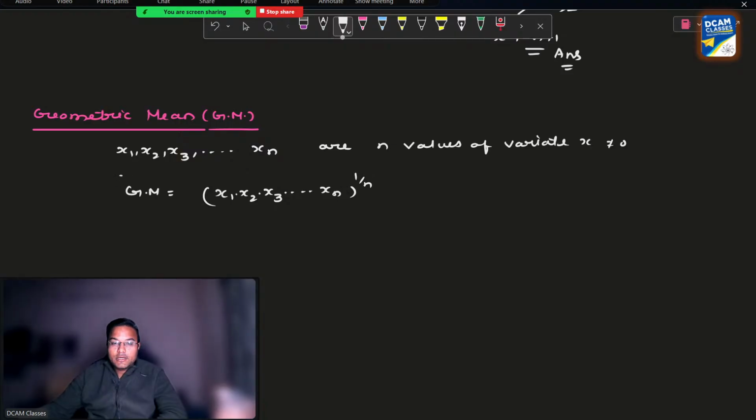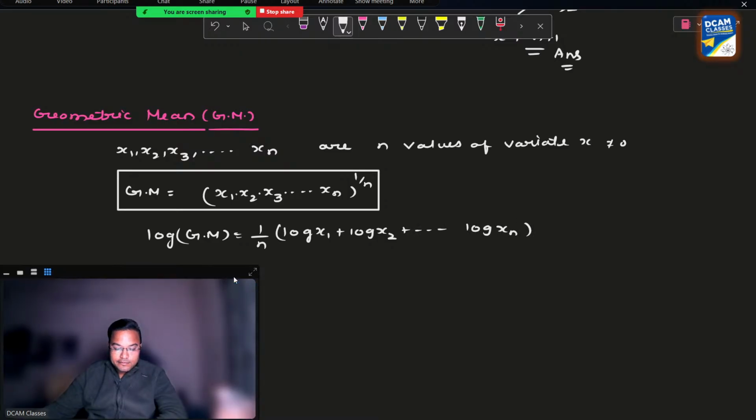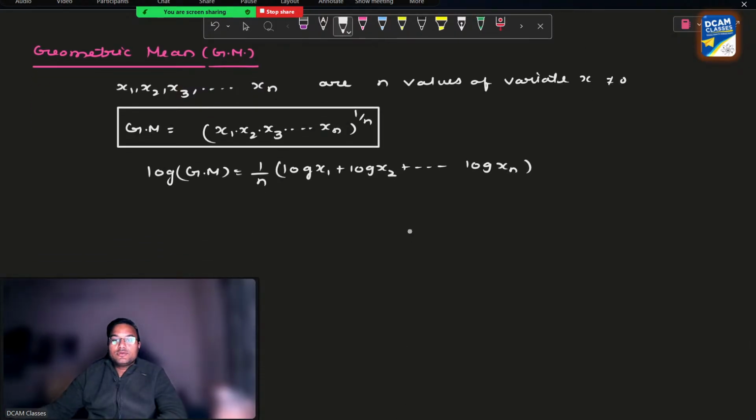Okay, this is how we do it. Now, actually, there is a way to calculate this value. Log of GM, if you apply log, becomes 1 by n into (log x1 plus log x2 plus and so on, log xn). This is a way to solve.